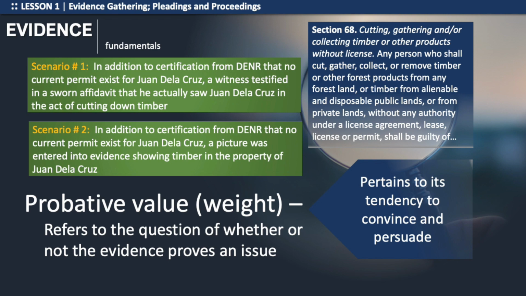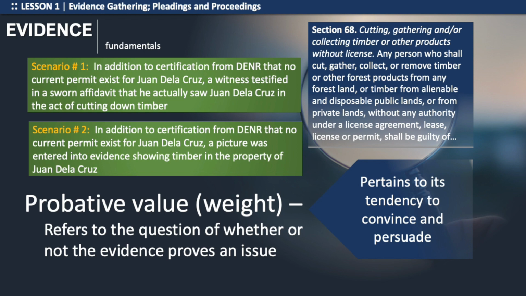So in addition to the certification that Juan de la Cruz does not have a permit to cut, gather, or collect timber, there was a picture entered into evidence that shows timber in the property of Juan de la Cruz.